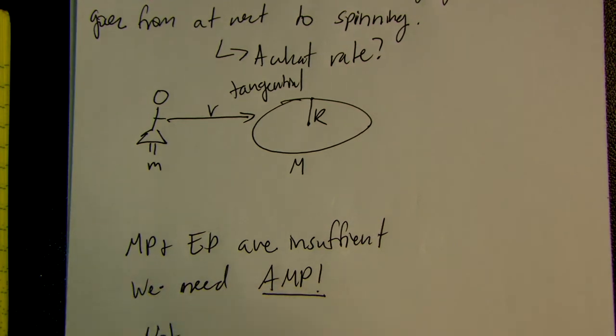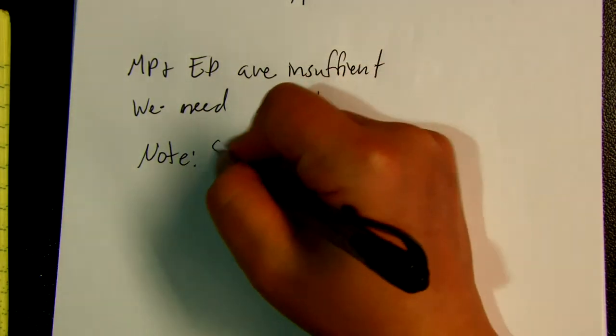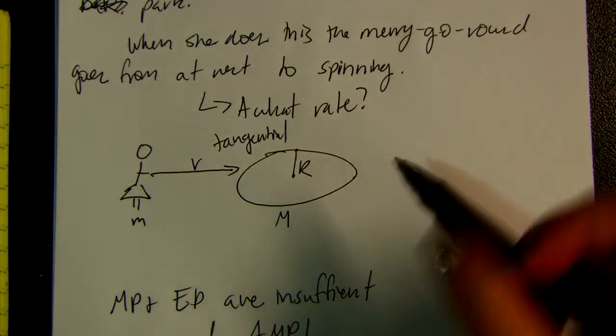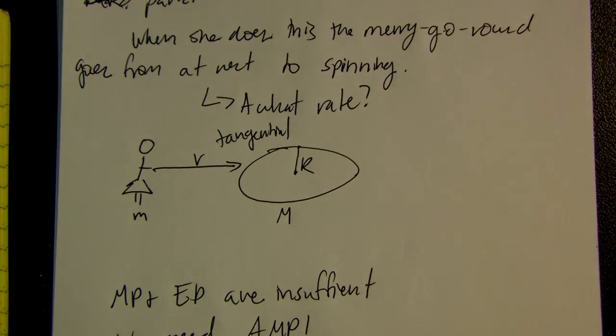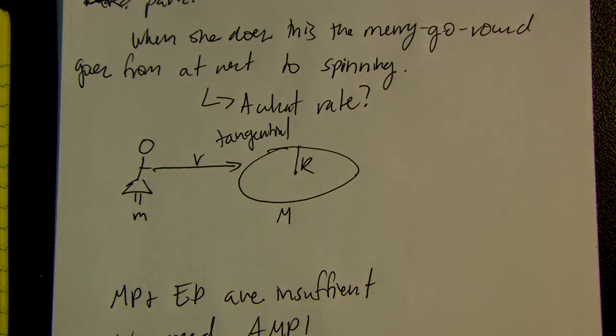And I told you before, you can attribute angular momentum to running in a straight line. We're going to see this here. So Esther does have angular momentum when she is running in this straight line with respect to the axle on the merry-go-round. Remember, all we need is r, the vector between the object and the point of interest, and we need momentum, which we can have even from something that's going in a straight line path.